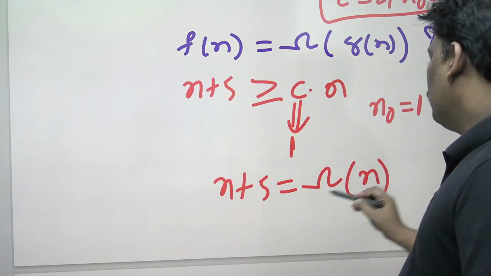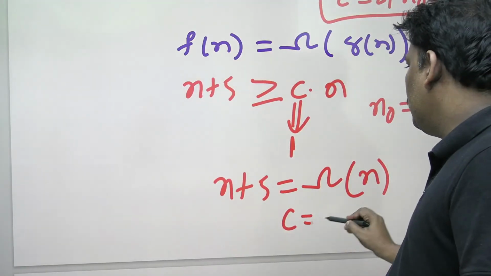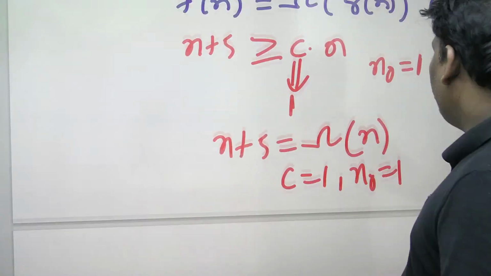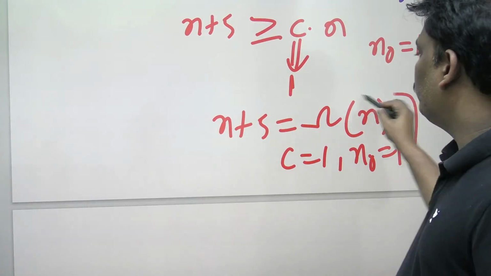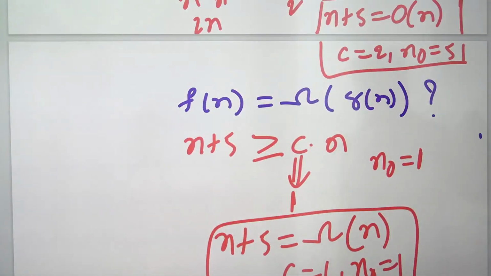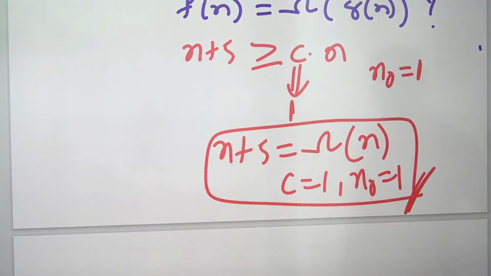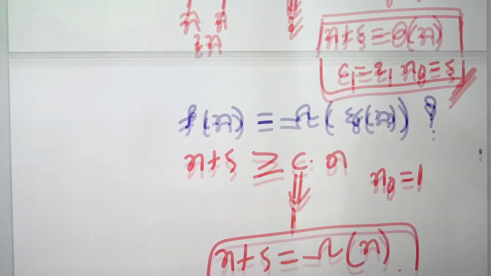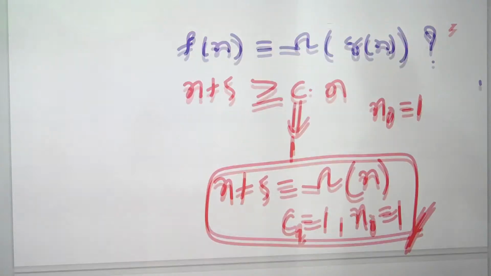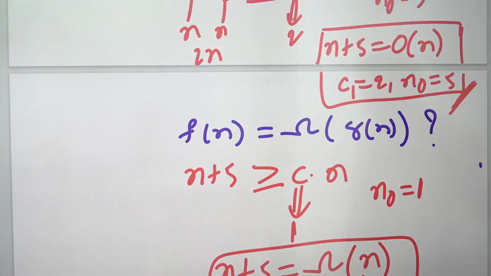So C value is 1 and n0 value is 1, meaning 1 onwards working. Here, see this one. Big O is working from 5 onwards, omega is working from 1 onwards. For which constant is big O working? 2. For which constant is omega working? 1.